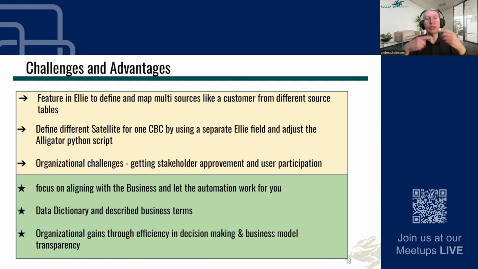Maybe you just have to hash key the complete satellite information for security reasons, for example. And I think that's easy to implement, that you can also define different satellites in Ellie and just adjust the Python script so that it doesn't only create one satellite, but can create multiple satellites.